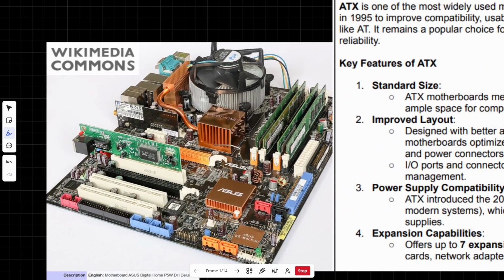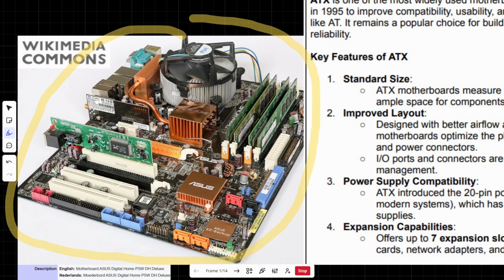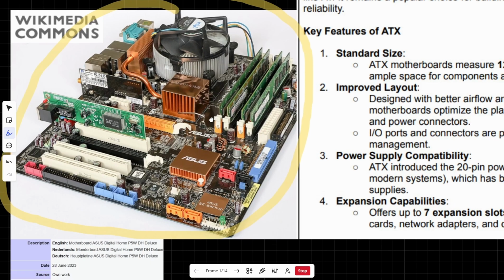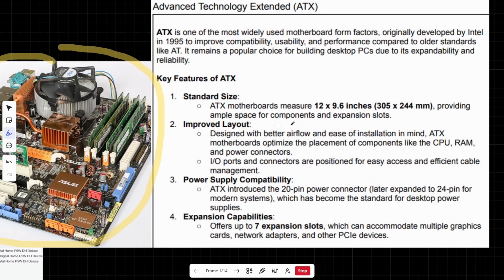So take a look at this image, right? Look at all of that customization. Look at all the potential for expansion that we have here. Look at how many things we can fit in that. The ATX motherboard is pretty big. It's pretty huge. It's the one you are going to want to go with if you are going to want a lot of expansions, okay?